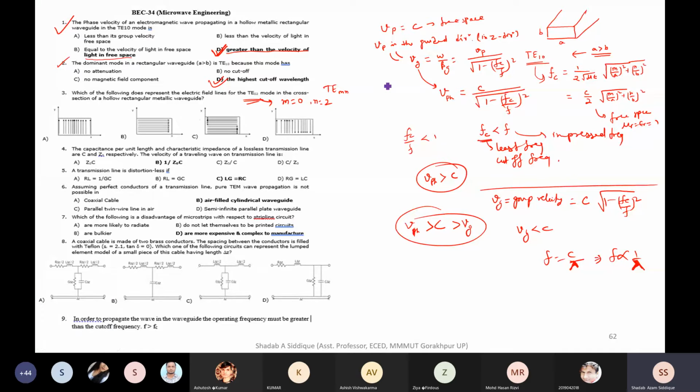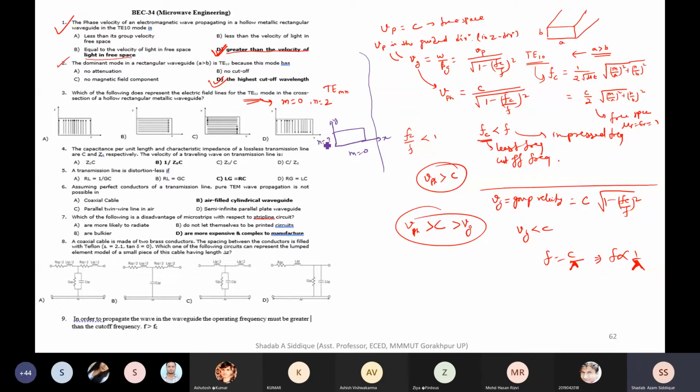Let me change the pen. You have a rectangular waveguide. This is the x direction, this is the y direction, and the mode numbers given here are m equal to 0 and n equal to 2.